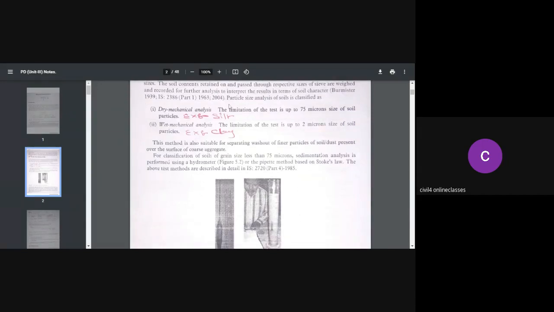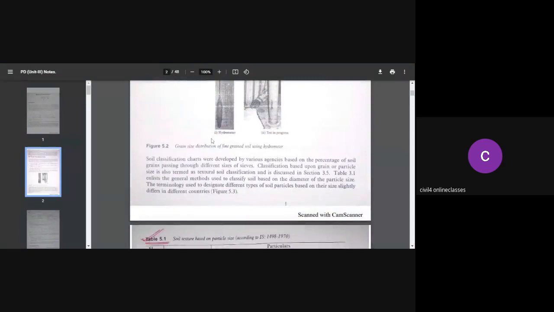For dry analysis, the limitation of the test is up to 75 micron size of soil particles. For wet analysis, the limitation of the test is up to 2 micron size of soil particles. This method is also suitable for separating washout of finer particles of soil dust present on the surface of coarse aggregate. That is a wet mechanical process.